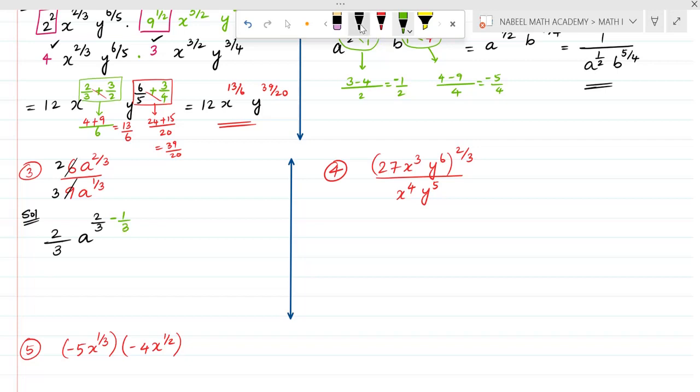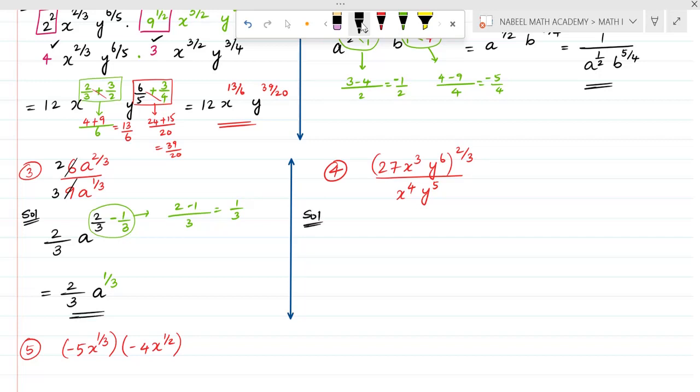So how will you simplify this part? The base is the same, 2 minus 1, which is equal to 1 over 3. Since it is positive, leave it as it is in the numerator.